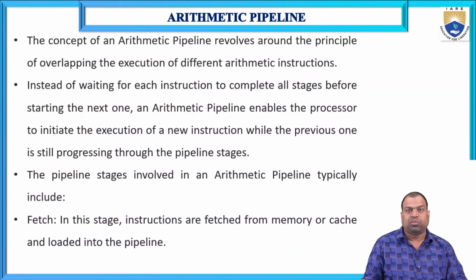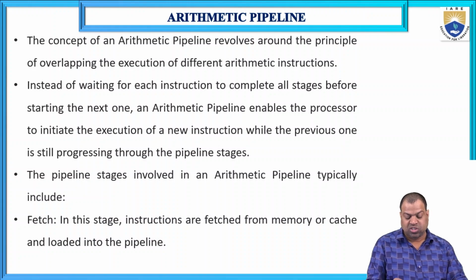So the concept of an arithmetic pipeline revolves around the principle of overlapping the execution of different arithmetic instructions. Instead of waiting for each instruction to complete all stages before starting the next one, an arithmetic pipeline enables the processor to initiate the execution of a new instruction while the previous one is still in processing through the pipeline stages.